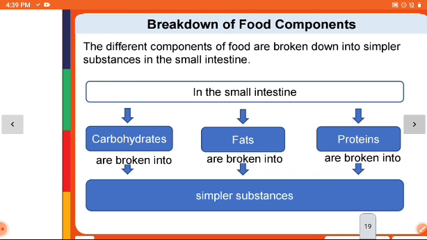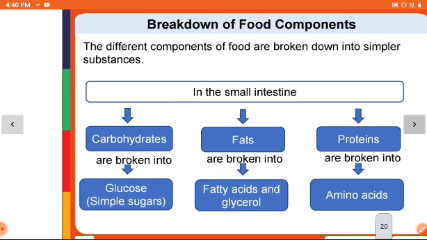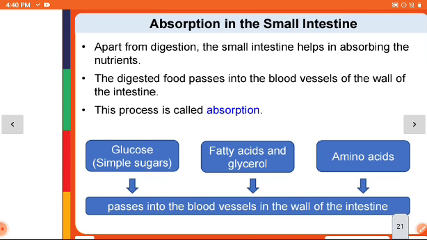According to this flow chart, in the small intestine, carbohydrates are broken into simpler substances, and fat and protein are also broken into simpler substances. Carbohydrates are broken into simple sugar, fat into fatty acids and glycerol, and protein into amino acids.